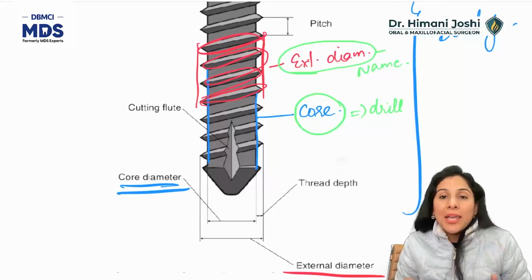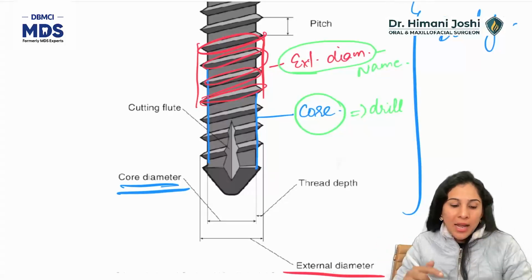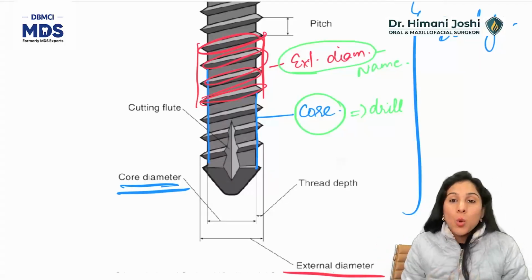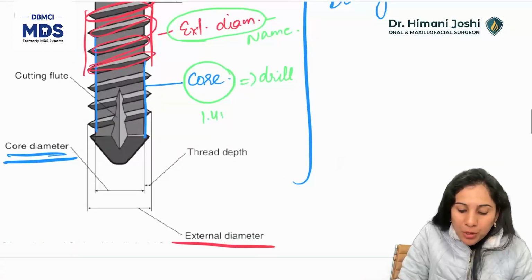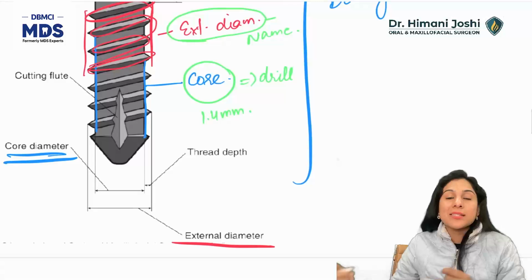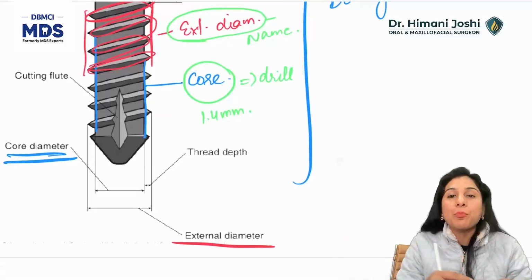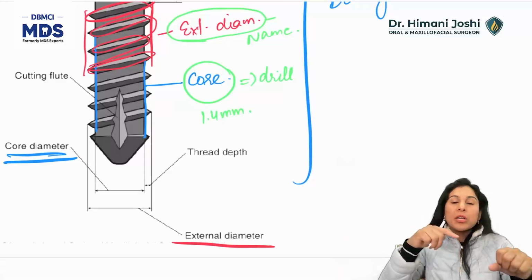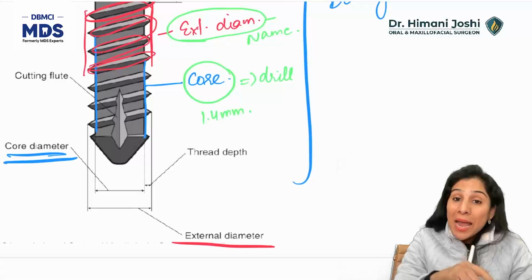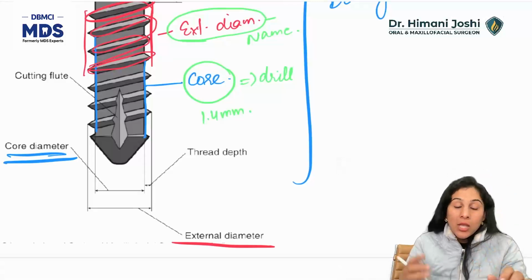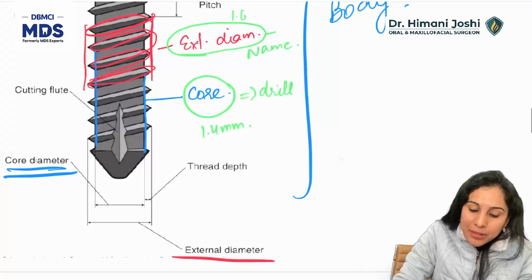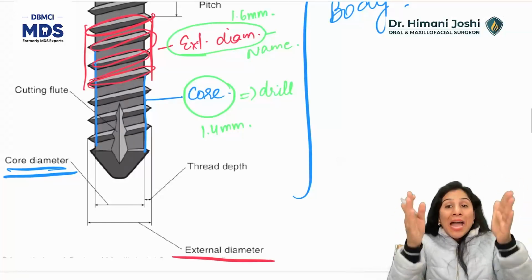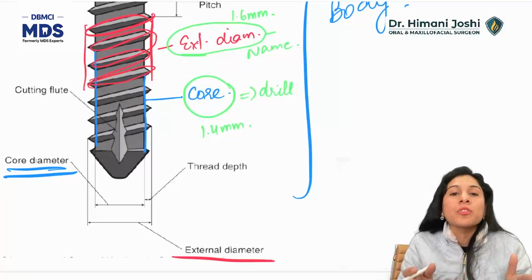For example, if I am doing a surgery and I have to drill a hole of 1.4 millimeter, I will tell the sister, please give me a drill of 1.4 millimeter. I will drill a hole of 1.4 millimeter, and in that hole I will put a screw of 1.6 millimeter, which corresponds to the actual external diameter of the screw.